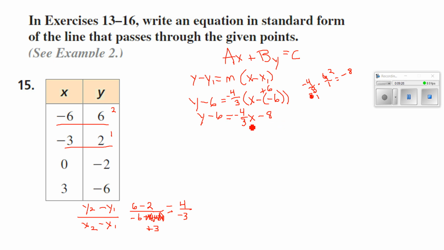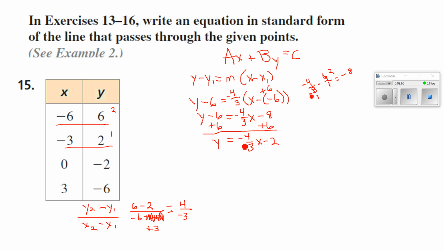All right. And now we're going to move our number over here. We're going to add 6 to both sides, combining our like terms. Now we have y is equal to negative 4 over 3x, and negative 8 plus 6 is negative 2.